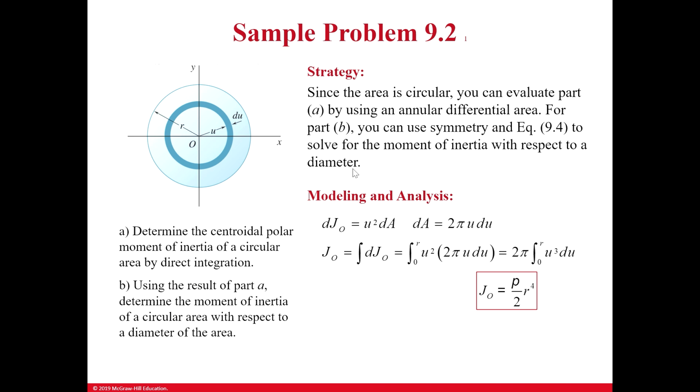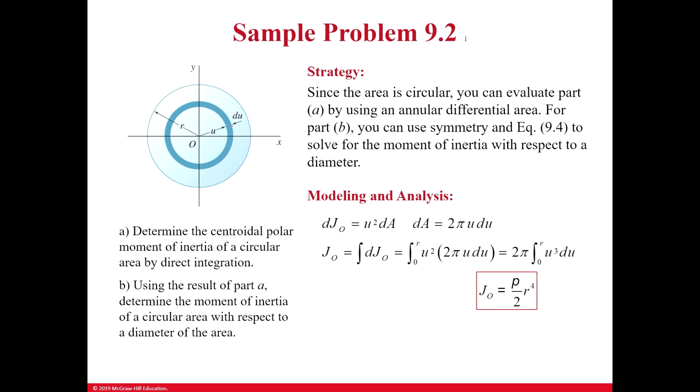Let's go over a second example. Again, this is good for a calculus class, but here it is just to start getting an intuition of how these formulas get derived. We have a circular object, a circle, and we use an annular differential area. We have a distance u, a du, and the radius is to the external edge. To find the polar moment of inertia, we also have to take into account the radius, so the internal radius is u. So it's u squared dA, the differential of area.